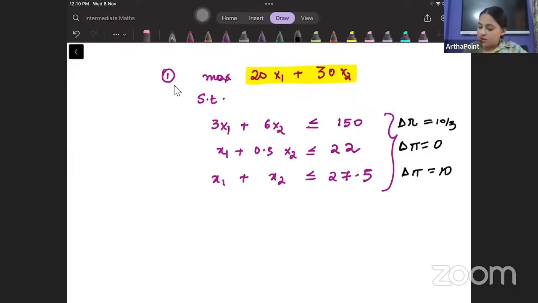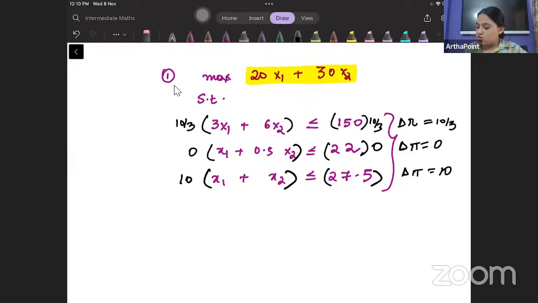So I am saying that multiply this by 10/3 on both sides. Multiply this with 0 on both sides. And multiply this with 10 on both sides. And add. So beta, first equation से क्या आएगा? If I just multiply this, 10x1 plus 20x2 less than equal to 500.